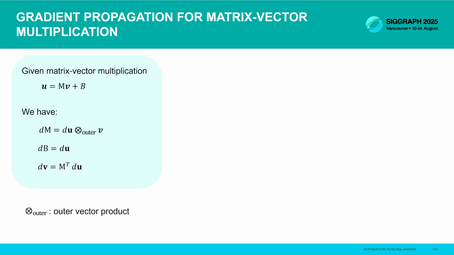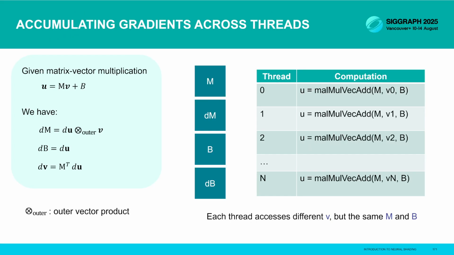I'm not going to derive the math now, and you don't need to understand the details to understand the remaining implementation, so just trust me that this is correct. What is important to understand is what the workload on the GPU will look like. Recall that during an actual inferencing session, each thread is computing its own output vector from its own input vector, but they are all accessing the same weights and biases.